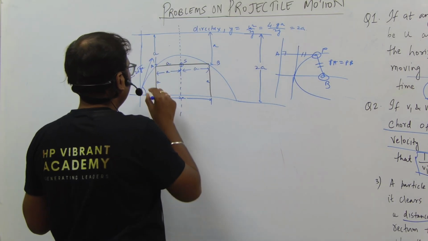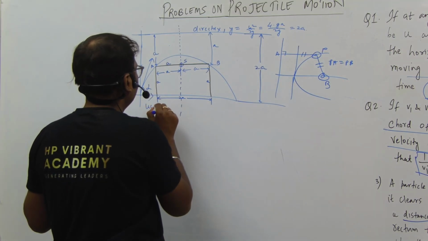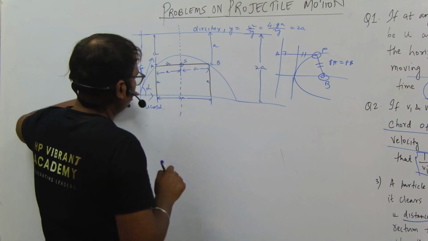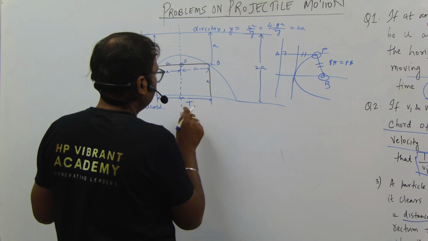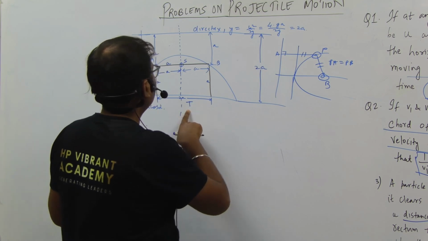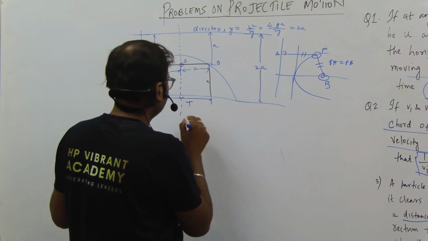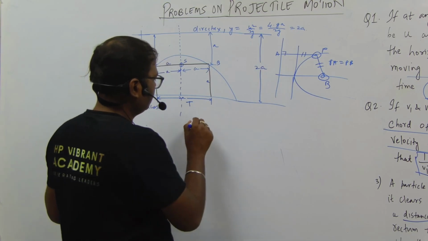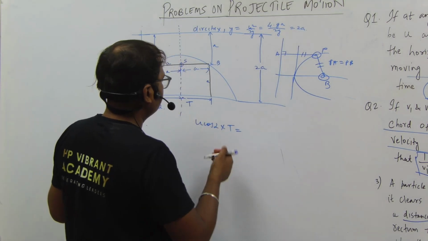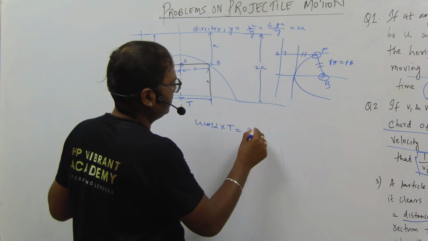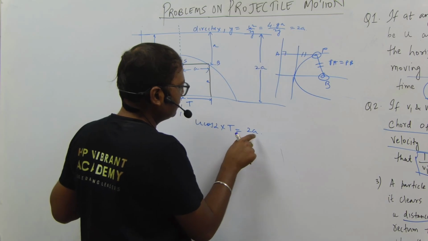The velocity along the horizontal direction is u cos alpha. Let us consider that the total time T elapses while this projectile is passing between the walls. So u cos alpha into T is equal to the total horizontal distance, which is 2a. So the horizontal displacement is 2a.